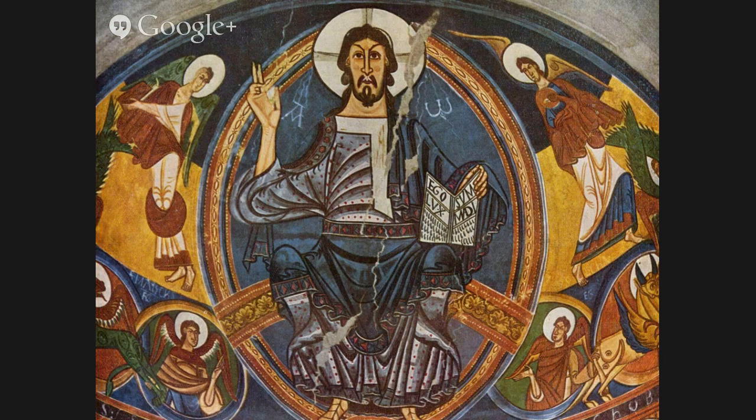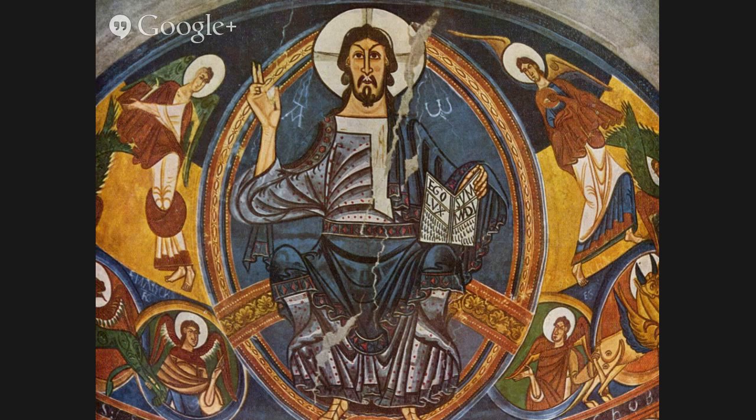This is Romanesque iconography from Spain, the 1100s. You notice an image that you find a lot in icons is Christ's transcendence, him seated on a throne as judge. The Greek name for Christ seated on a throne is the Pantocrator.